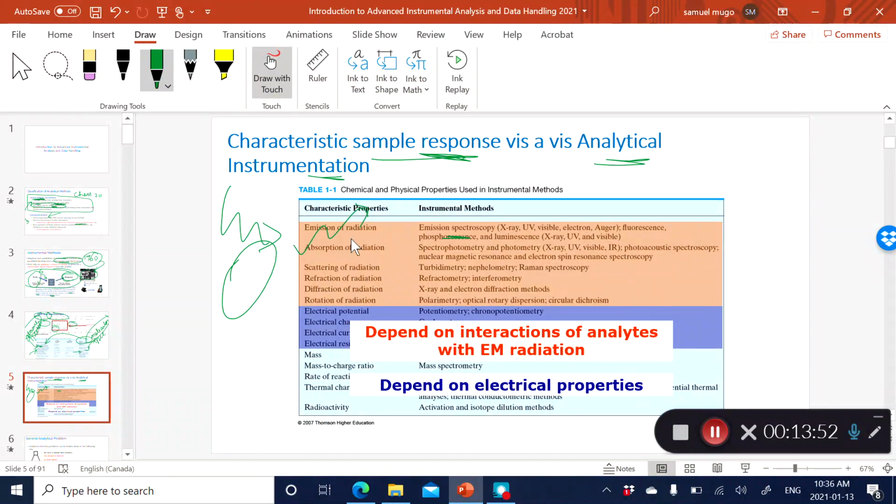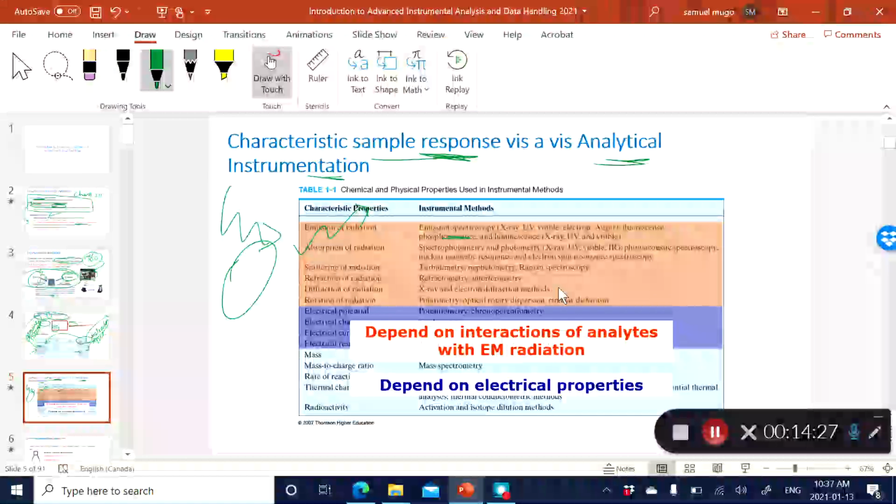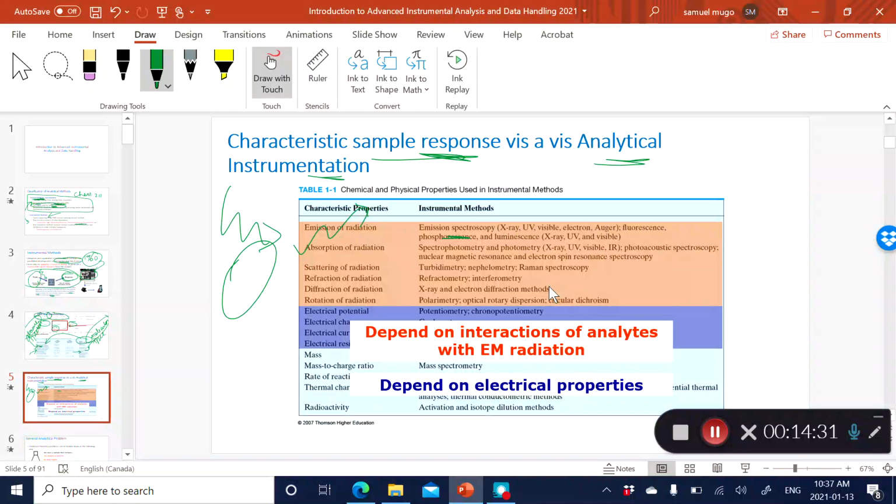Now, other kinds of characteristics that can ensue: refraction, where the light can be bent, and that is the nature of an instrumental method. Also, things like diffraction can happen, where light is split into its component wavelengths, and the instrumental method that you get can be something like X-ray diffraction, which is used to analyze the crystal lattice structures of geological materials and so on.